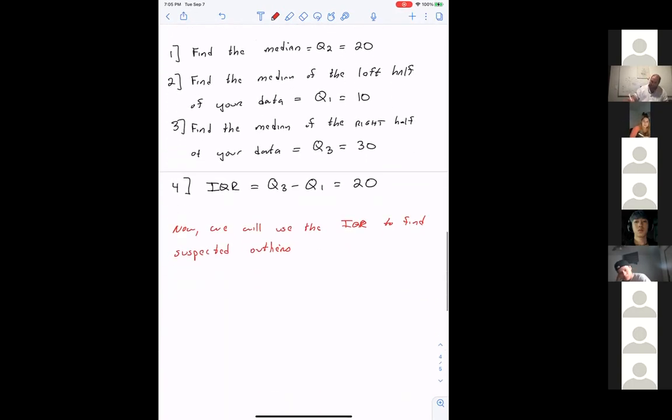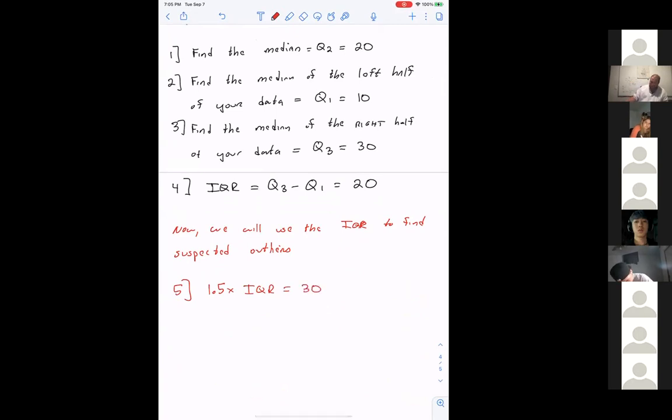Here's how we do it. Step 5, because you've got to go through the first 4 steps: what is 1.5 times the IQR? 30. Then we evaluate Q1 minus 1.5 times the IQR and Q3 plus 1.5 times the IQR. What is Q1 minus 1.5 IQRs?